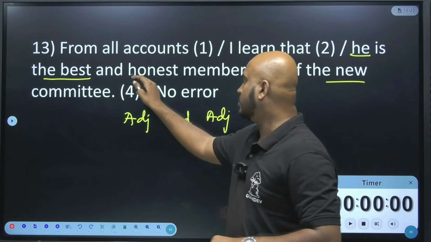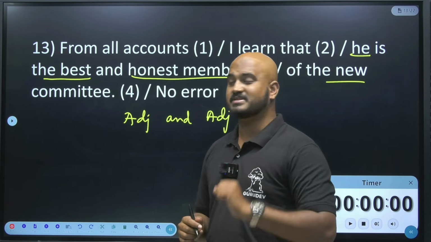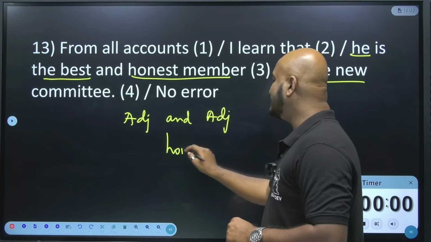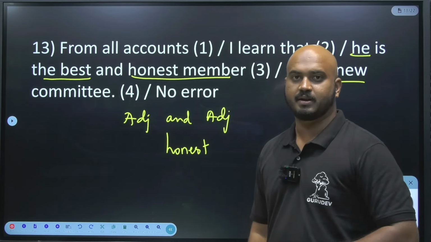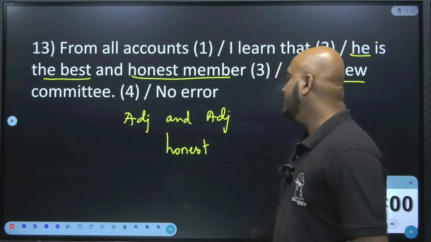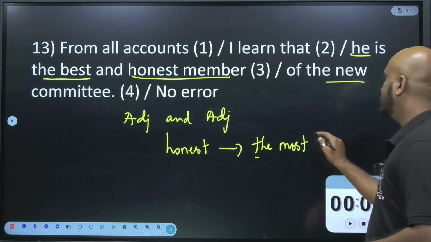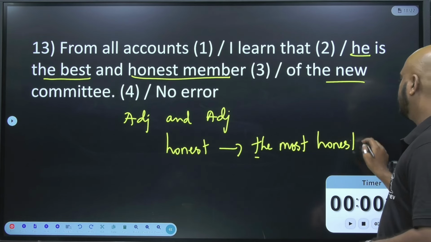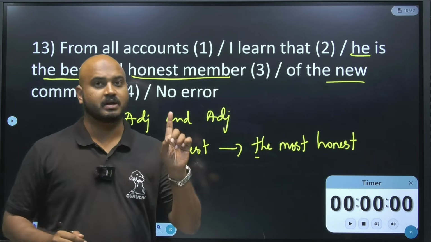And what about this? Honest member. Yes, of course, it looks like superlative. This is very deceiving. The word honest is quite deceiving because honest is a positive degree adjective. It is not a superlative one. So what would be its superlative form? Yes, it would be the most honest member. And hence the right answer would be he is the best, because best is superlative of good.